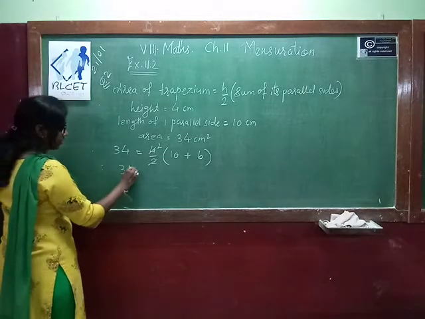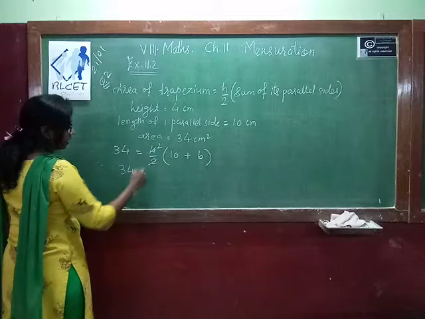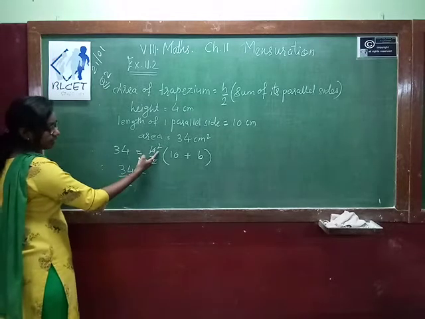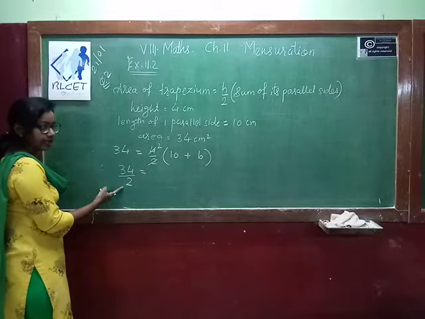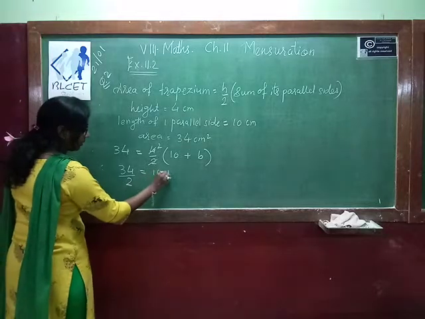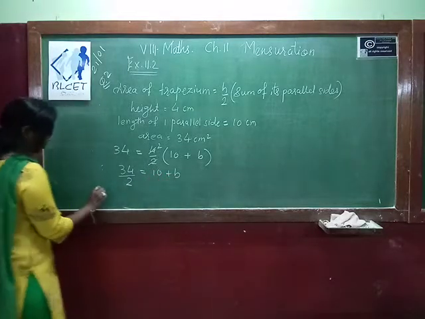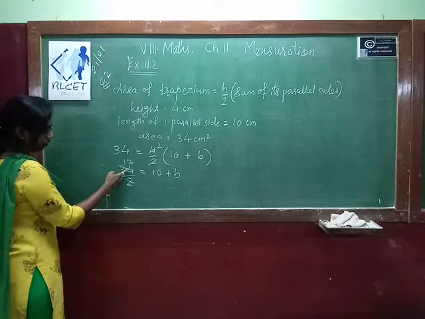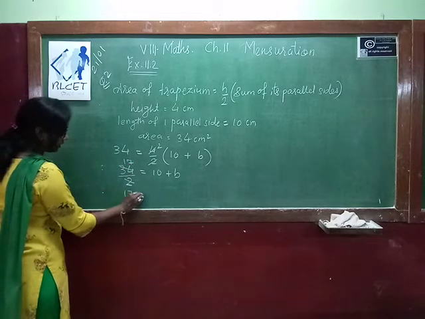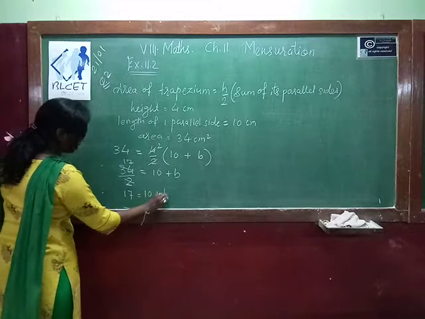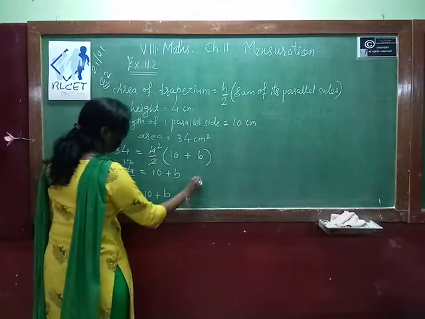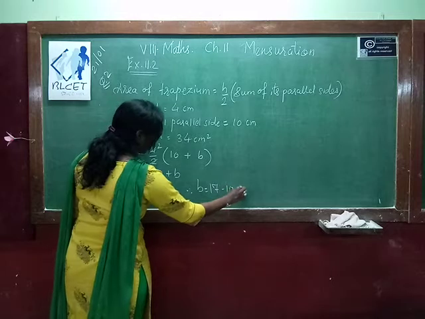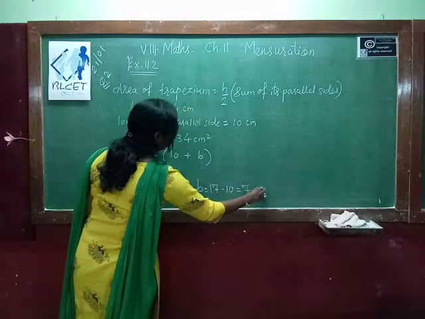So 34 is equal to 2 into 10 plus B. This 2 is here as a multiplication, it will go over there as a division. So 17 2s are 34. So 17 is equal to 10 plus B. Therefore B is equal to 17 minus 10, which is equal to 7 centimeter.